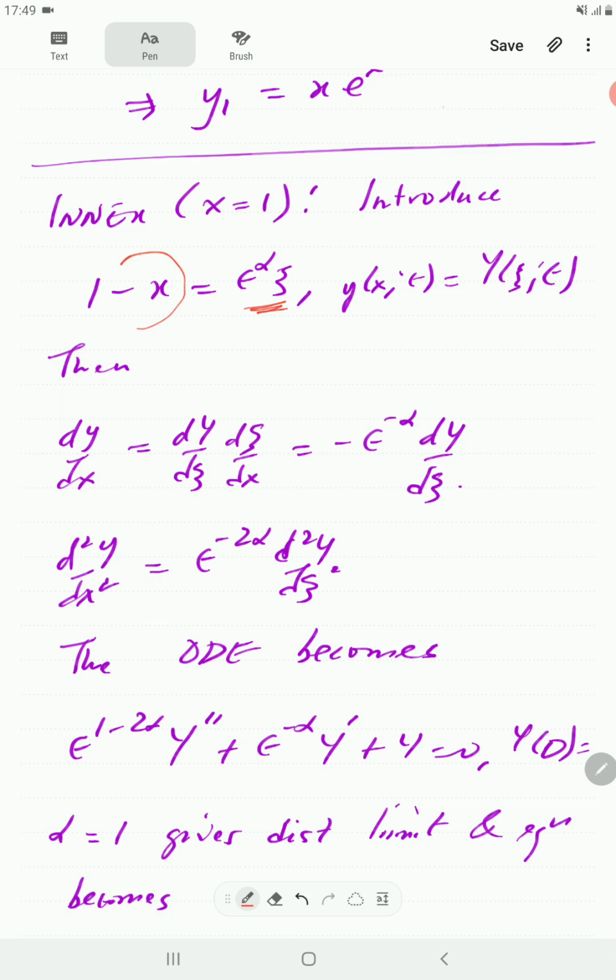Okay, and as x goes above 1, then xi goes to negative infinity. So what we're saying is that if this is x equals to 1, as we go this way, xi goes to negative infinity. As we go this way, xi goes to positive infinity.